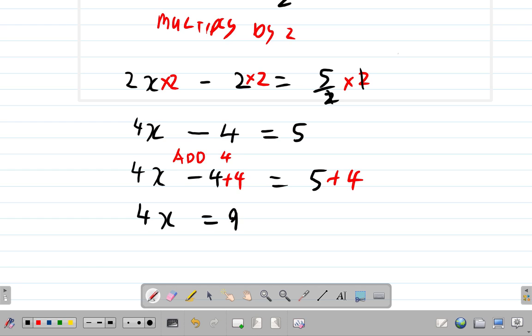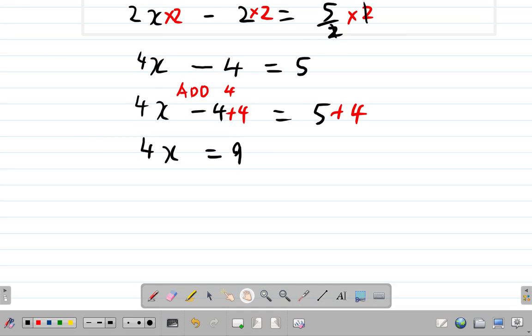Alright? Now I want to get rid of this 4 from here. So what I do is divide by 4, so that I have x alone equals. I can't subtract 4 because 4 is multiplied by x. Division is what reverses multiplication.